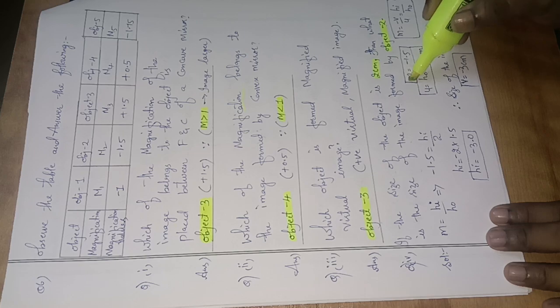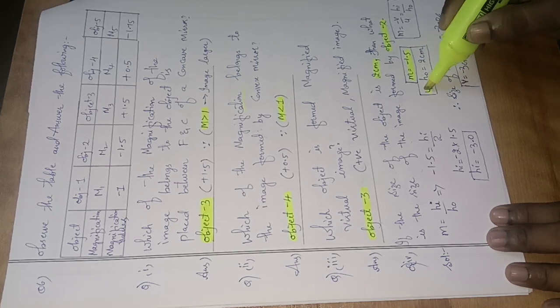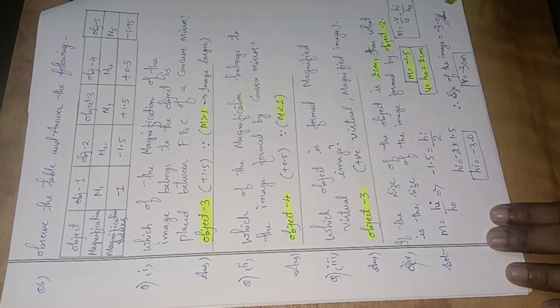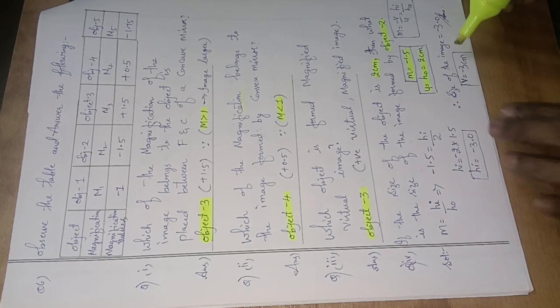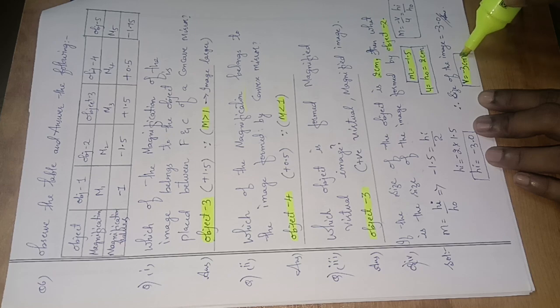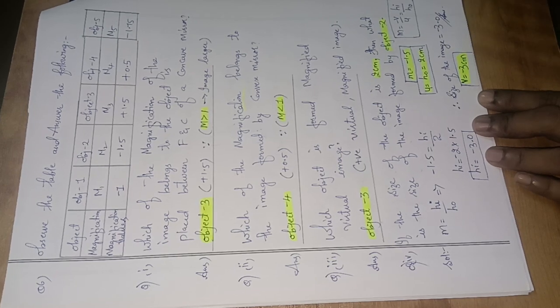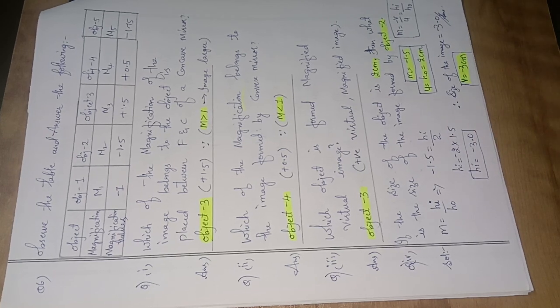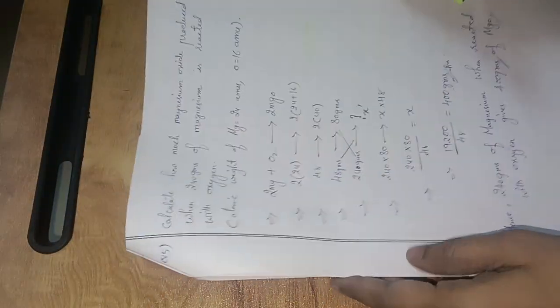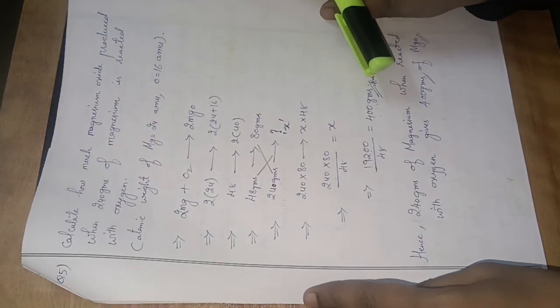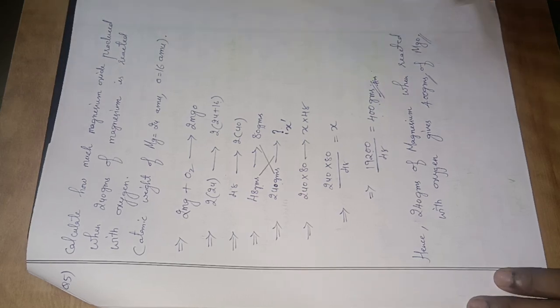By substituting these values in the magnification formula, you will get the height of the image, that is v is equal to minus 3 centimeters. In every case, try to highlight. Highlighting will make your answer attractive.